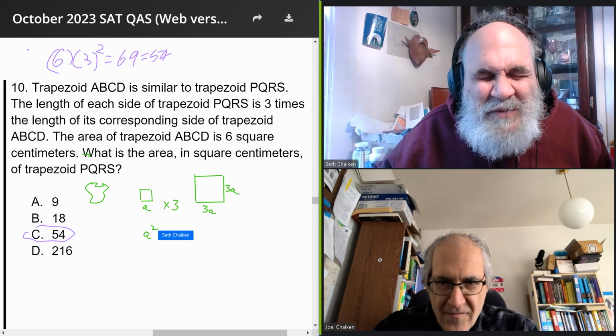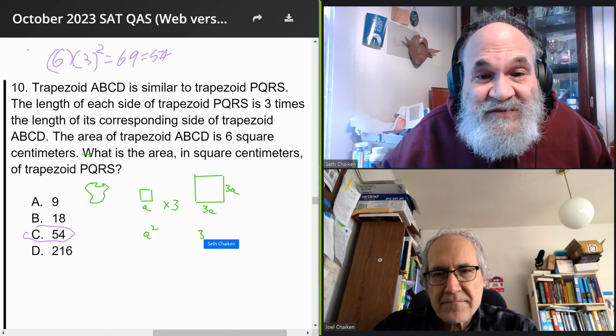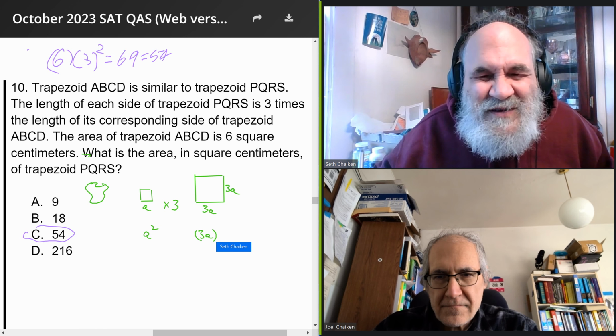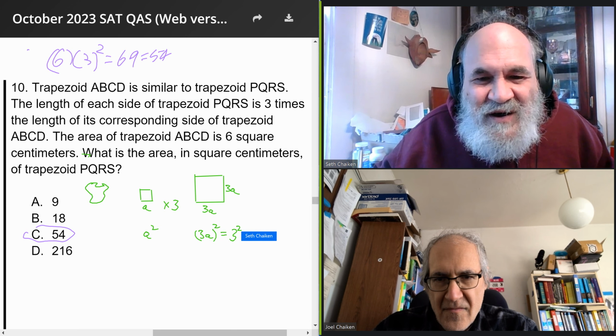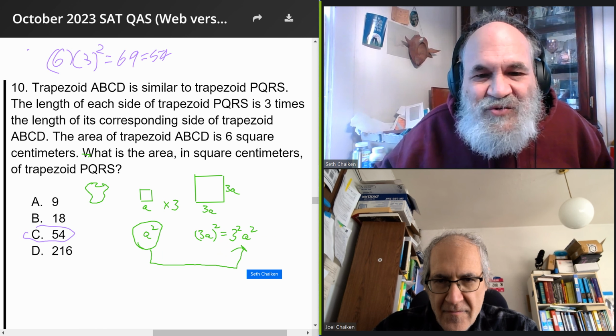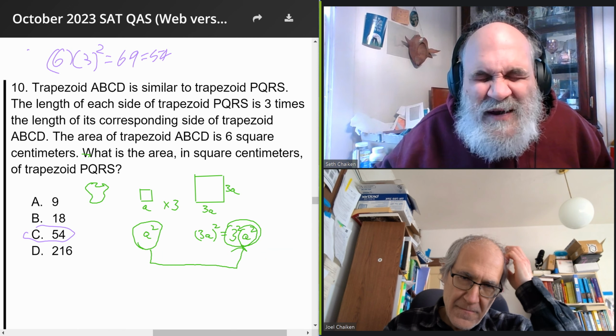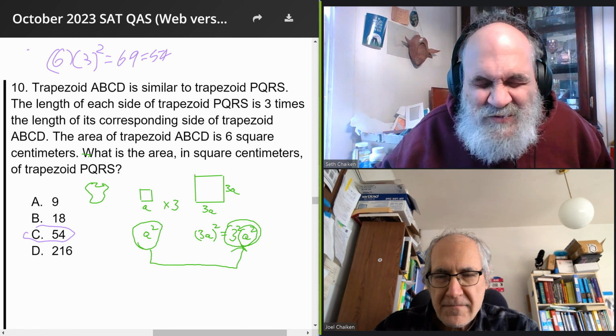When it's expanded, the area of the expanded square is the length of the side squared, which is 3 squared times A squared. And so the area of the little square goes up to the original area of the little square times the square of 3, where 3 is the ratio.